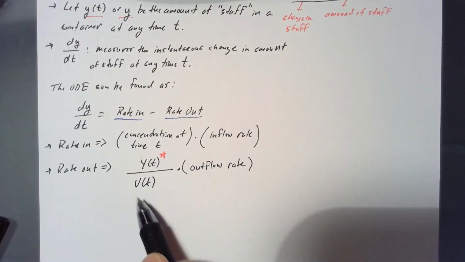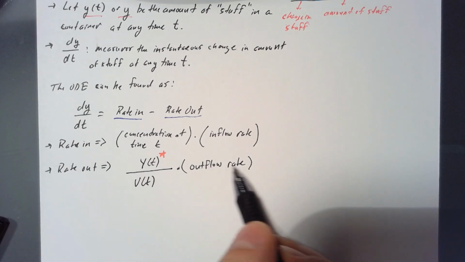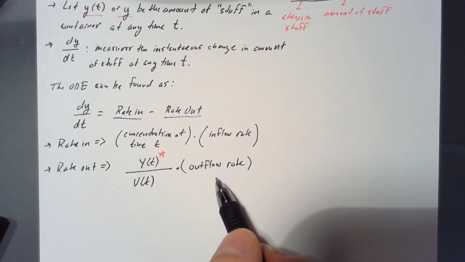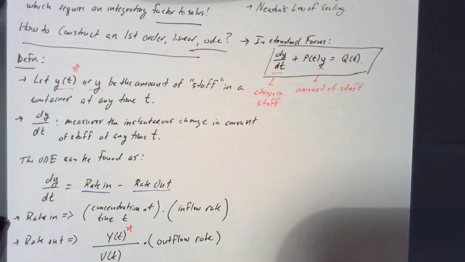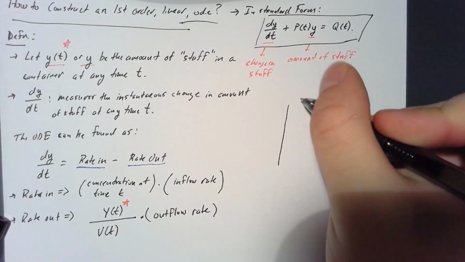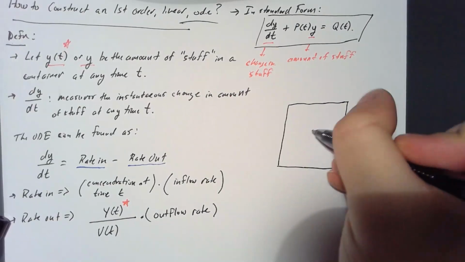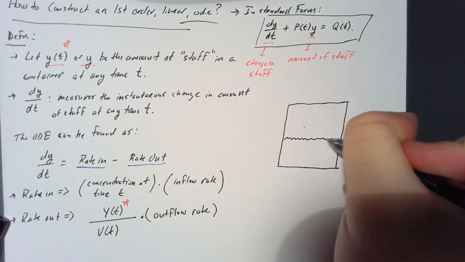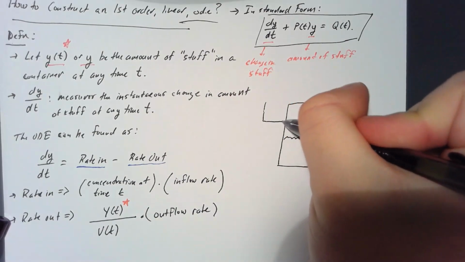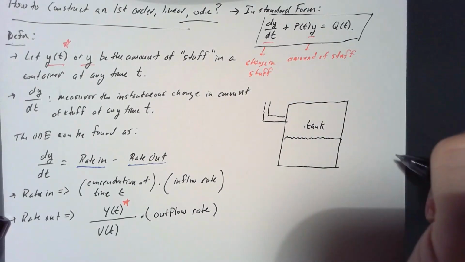So I do want to talk about, all right, well, what's this? And outflow rate. Well, outflow rate, that's easy enough to understand, right? That's just how much the stuff is leaving the tank. So if this is my tank, and here's the stuff in it, here's a pipe coming into my tank, and here's a pipe that's leaving my tank.